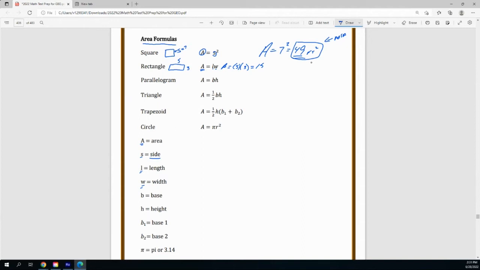Let's keep going. Parallelogram. Do you remember this guy? Parallelogram was the same as a rectangle, except it's crooked. Let's draw one. Notice what they're doing for this. They're saying that if you want the area, you take the base and you multiply it times the height. Now, base is going to be located on the bottom. That's where the B is located. But do you remember the H?